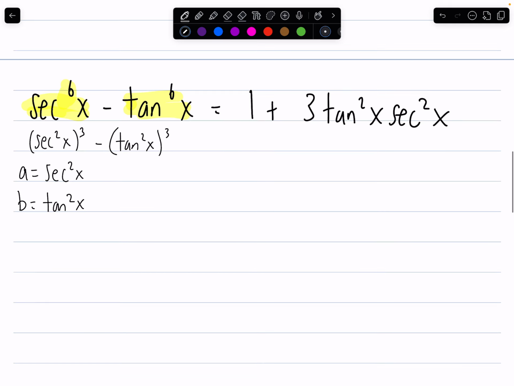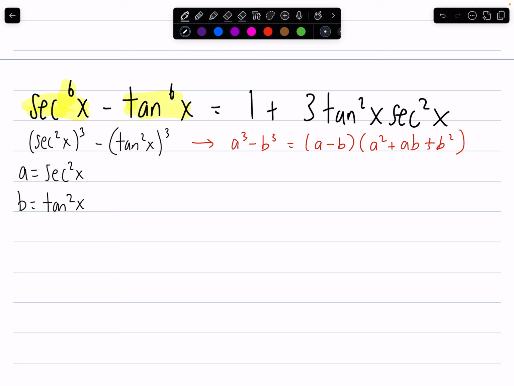Now, since we know that it's a difference of cubes, a cubed minus b cubed is equal to a minus b times a squared plus ab plus b squared. And we're going to use a, which is secant squared x, and b, which is tan squared x, and plug it into this equation in the exact same way.